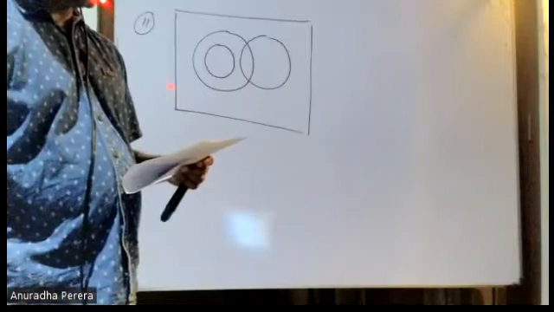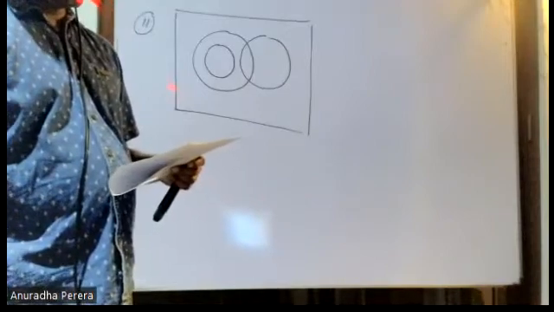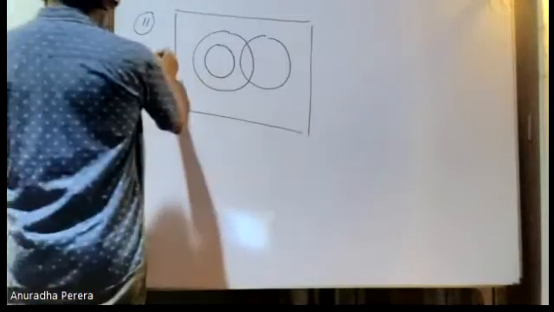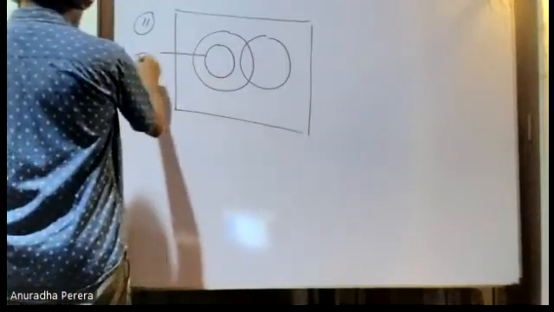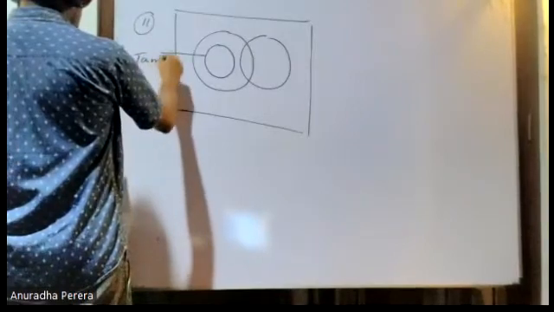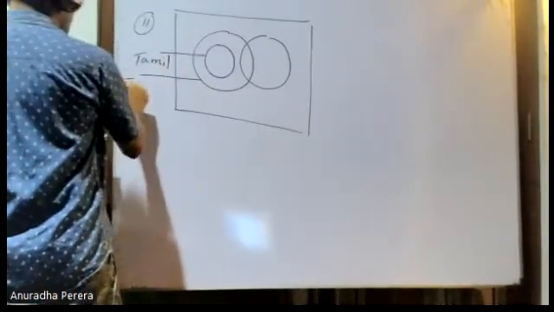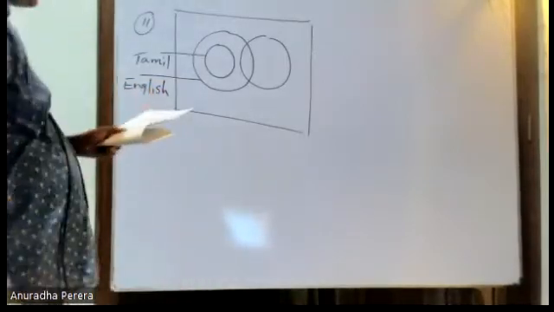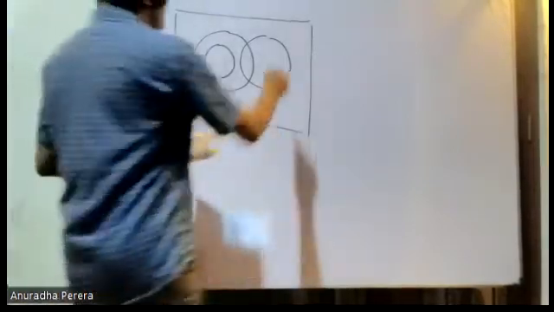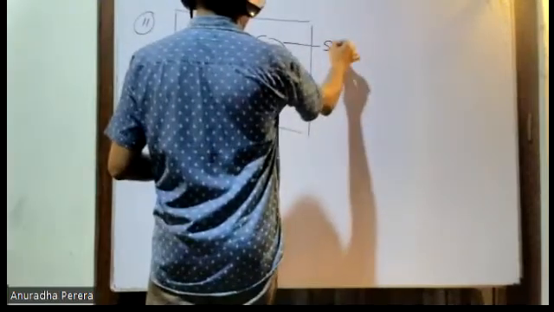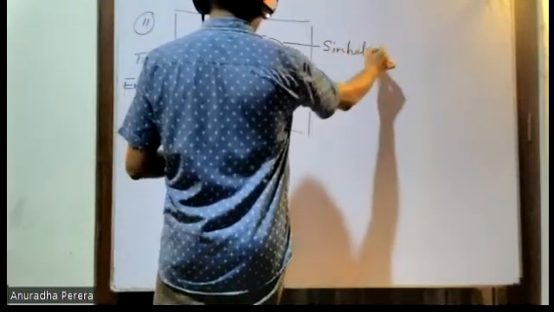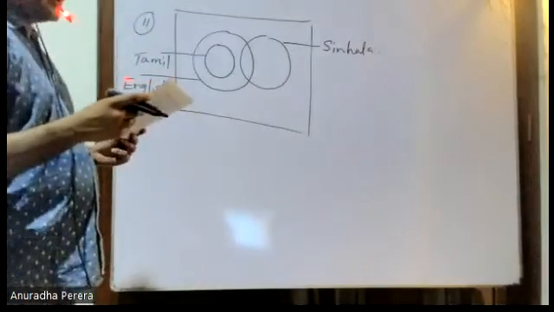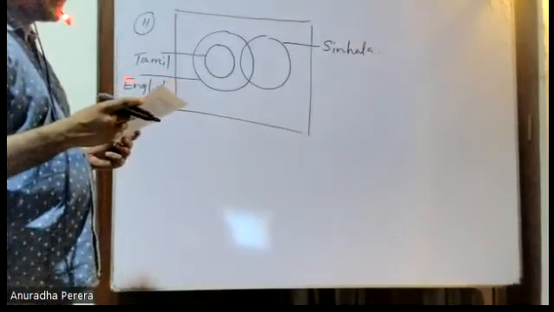Everyone who speaks Tamil also speaks English. It is Tamil subset of English, right? This one is Sinhala. First of all, identify the 3 sets, then include the data.